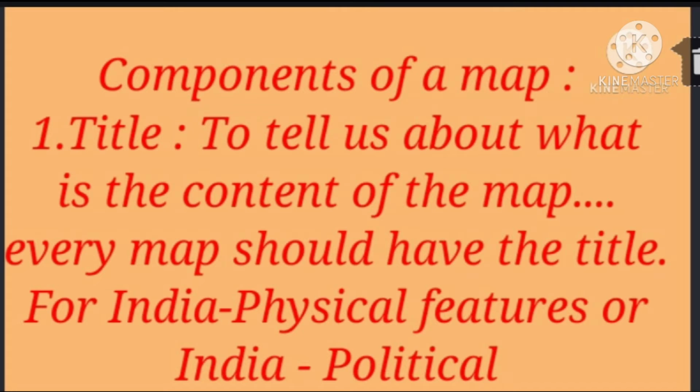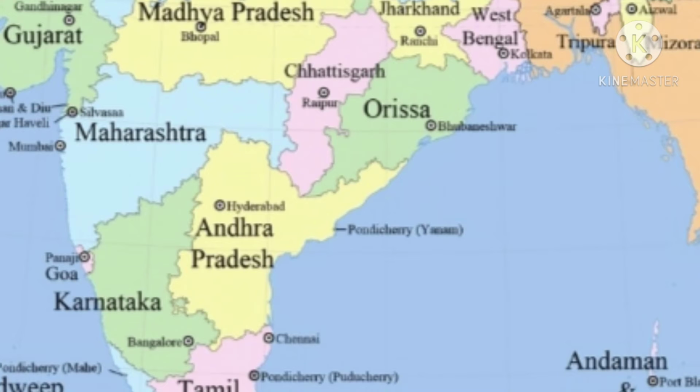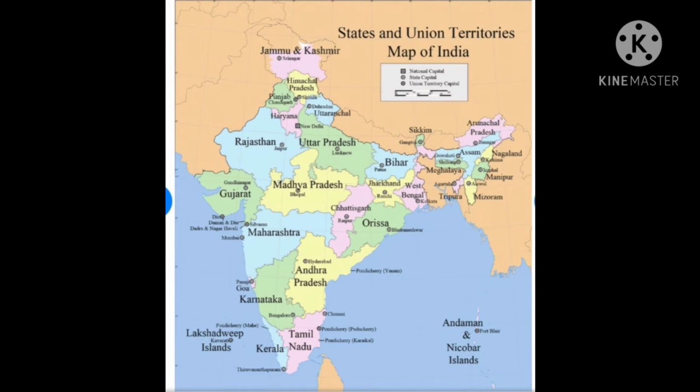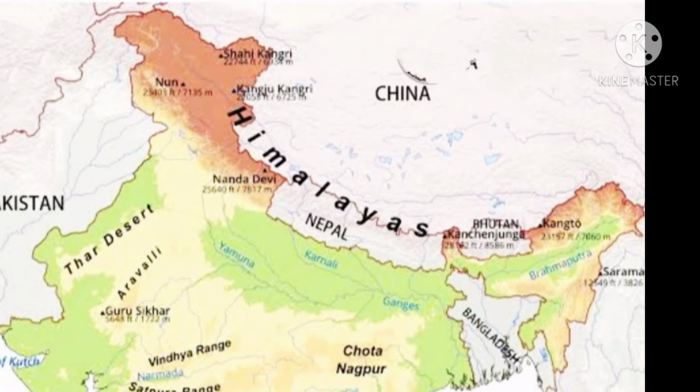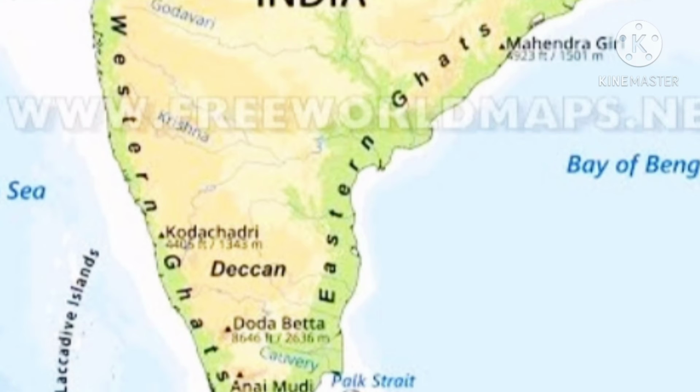Whereas in the physical feature map, you can find all the physical features like mountain ranges, deserts, islands, coastal plains. So a title is a must for any map, either a political map or a physical map or a distribution map.